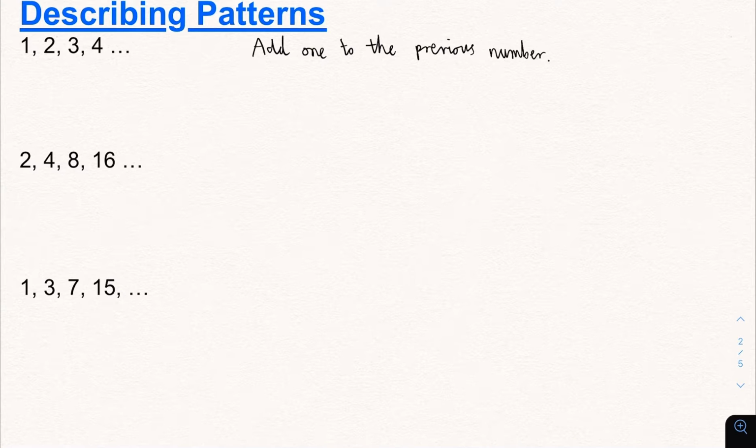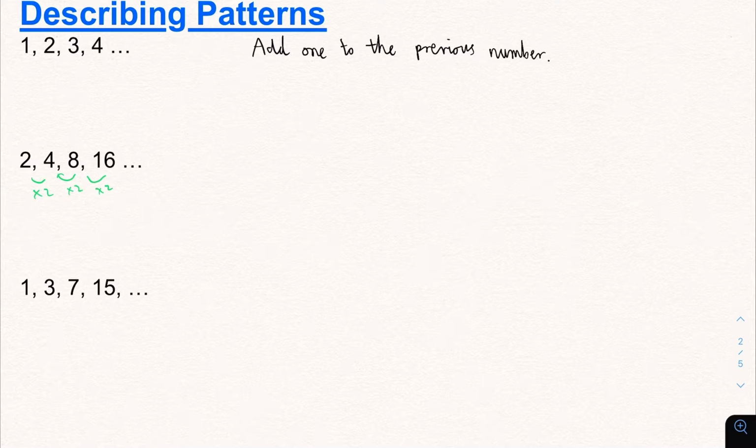The second one here is a little trickier than the last one, but it's actually pretty easy. The first number is 2, and the second number is 4, which is 2 times 2, and 8 is 2 times 4, and 16 is 2 times 8.